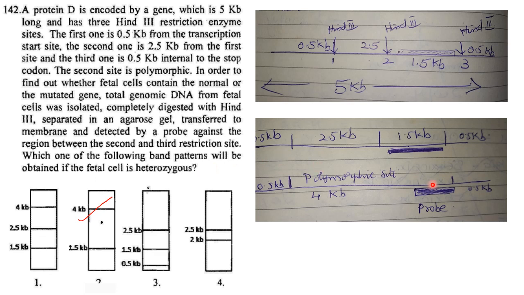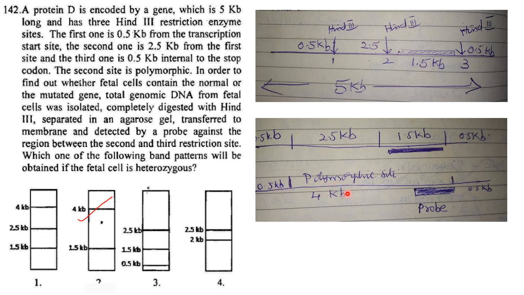Now consider the condition of a heterozygote. So heterozygote, it has one allele which has all the three sites intact and functional. So this is the heterozygote. One allele, it is all the three sites, 1, 2 and 3 Hin3 sites, they are all intact and functional, while the another allele contains a site which is defective or polymorphic.